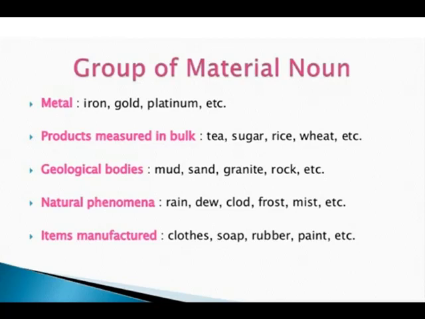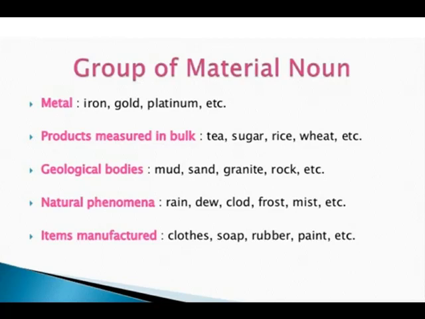Now, maybe in your mind a question will arise: can we see a material noun or can we touch a material noun? Yes, we can see a material noun and we can also touch a material noun. You can touch gold, you can touch steel, you can touch sand, you can touch rock, you can see it.